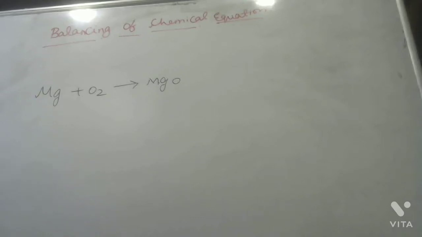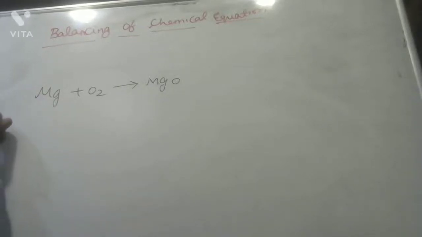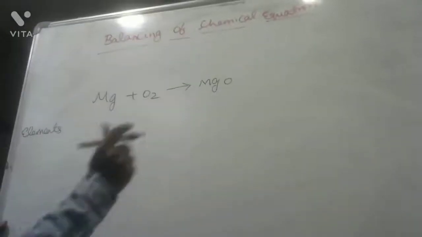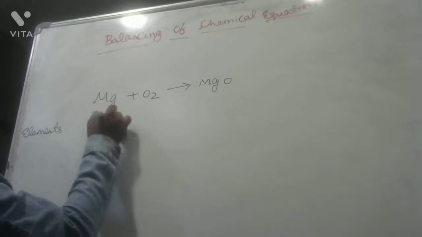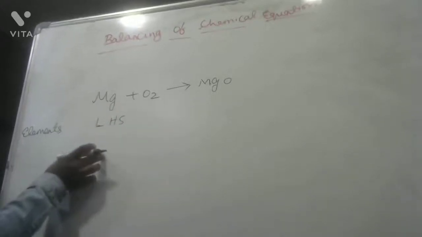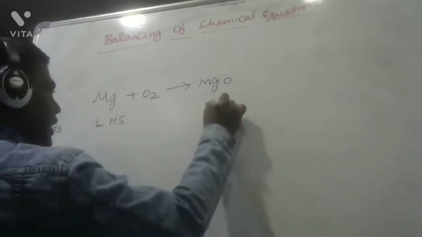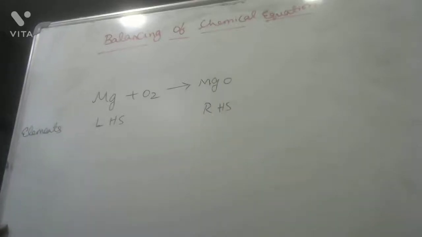Now first, what I'm doing for balancing the equation is we are going to make a small table, and the headings that we are going to keep are elements as the first row, LHS as the second row, and RHS as the third one.